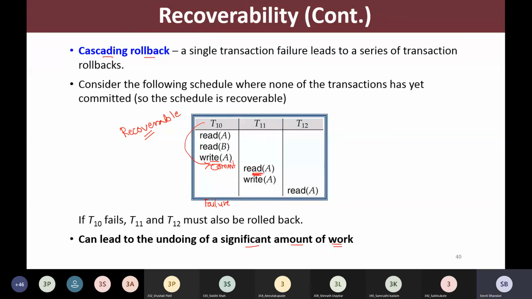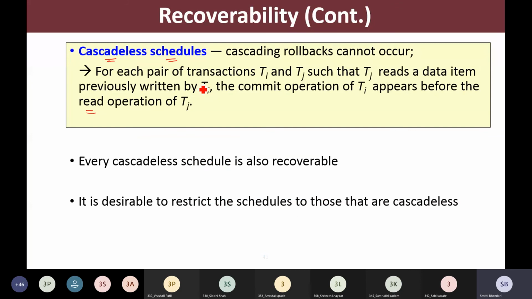If this is the case, there will not be any chance of cascading rollback, and such schedules are known as cascadeless schedules. An important point to note is that every cascadeless schedule is also recoverable, and it is desirable to restrict the schedules to those that are cascadeless.